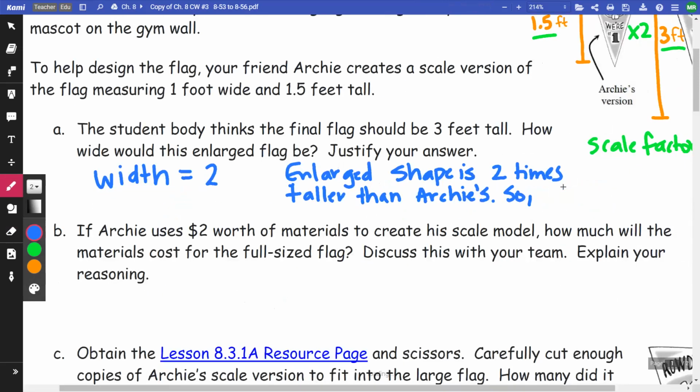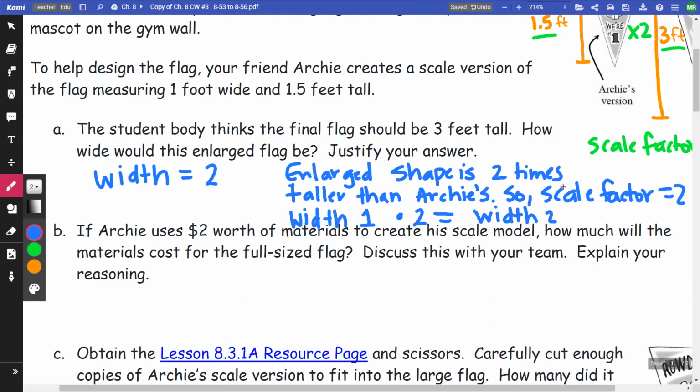So our scale factor is going to equal 2. I'm going to take the width, which is 1, and multiply it by 2, and we're going to get a new width of 2. And again, because these are similar shapes, whatever I do to one side, I do to all the sides.